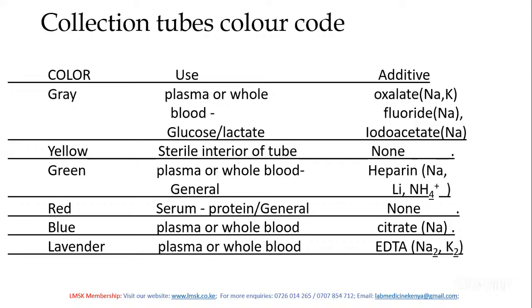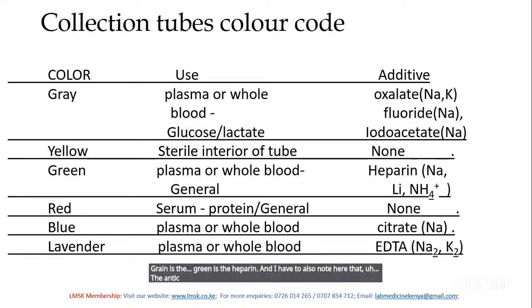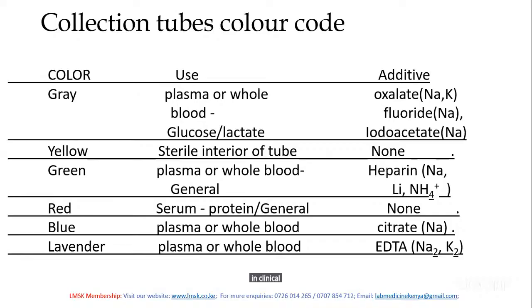Green is the heparin, and I have to also note here that the anticoagulant of choice in clinical chemistry is heparin. That is the anticoagulant of choice, which provides for most of the chemistry.